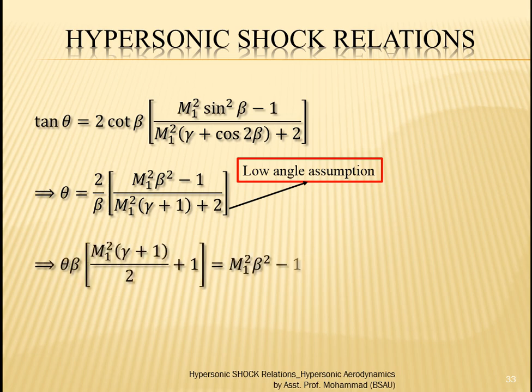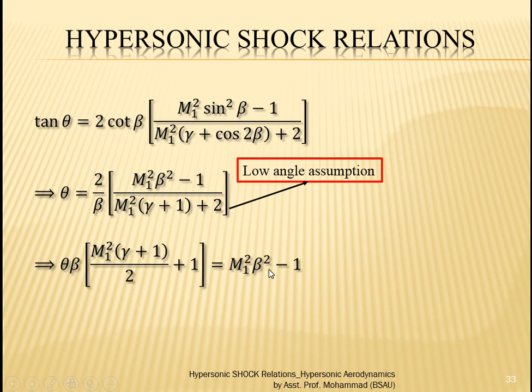Now this can be manipulated further. This step is just theta multiplied by beta, and then these two come down to this, and this whole thing is multiplied here. It's not really manipulation, just a rearrangement of the parameters and terms, and now it is written like this.